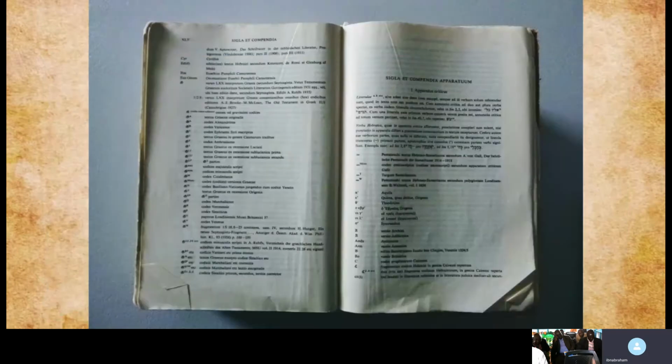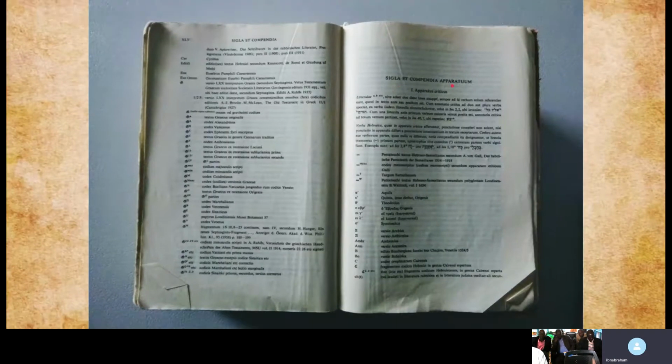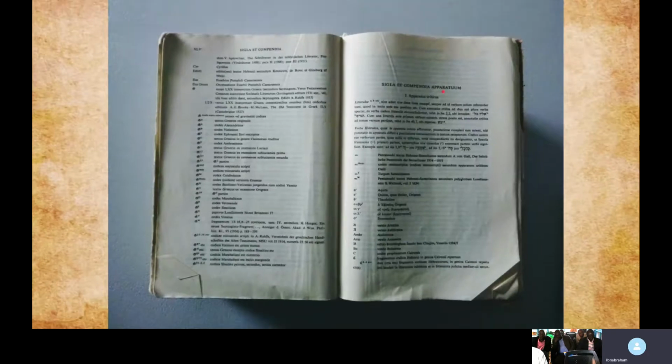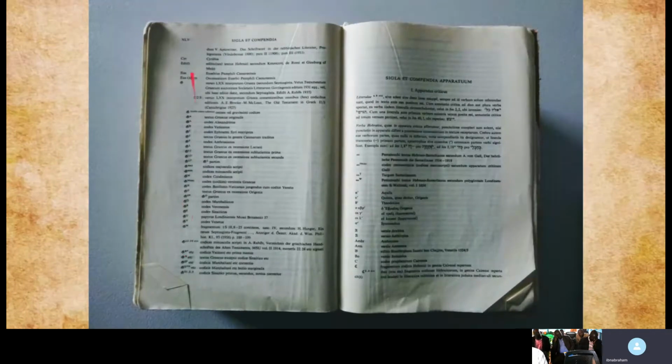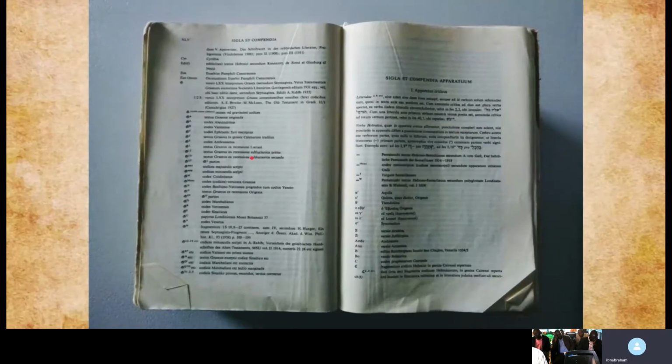Another thing that these books have is, you look here, I know this is tiny, the signs and a collection of the apparatus that's used in the book. It's all the abbreviations for the textual notations found there, what those symbols mean and which texts they refer to, the actual physical manuscripts.